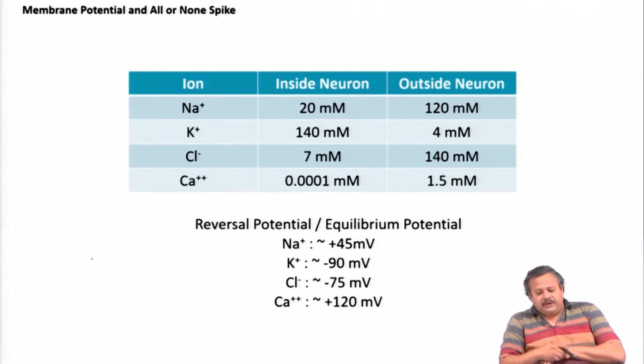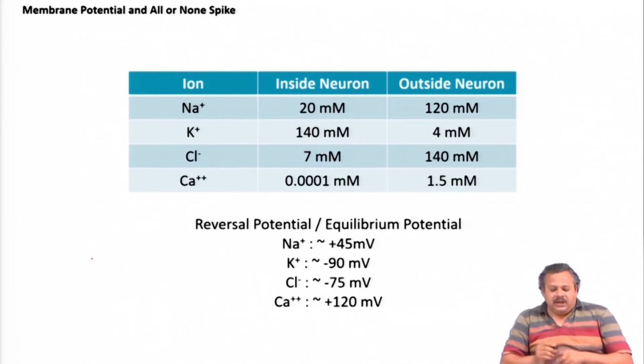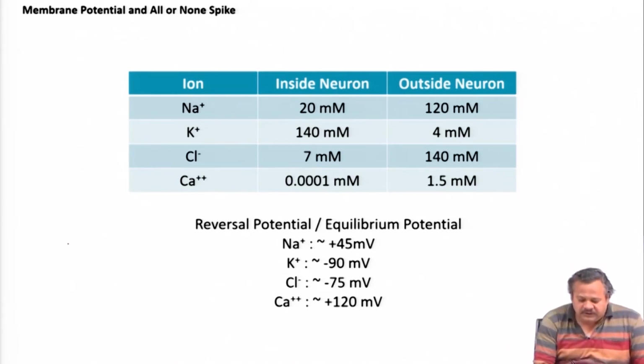And similarly, chloride has a similar nature to sodium, that is, the chloride concentration is low inside the neuron and very high outside the neuron, and calcium too is extremely small in terms of its concentration inside the neuron and outside the neuron.